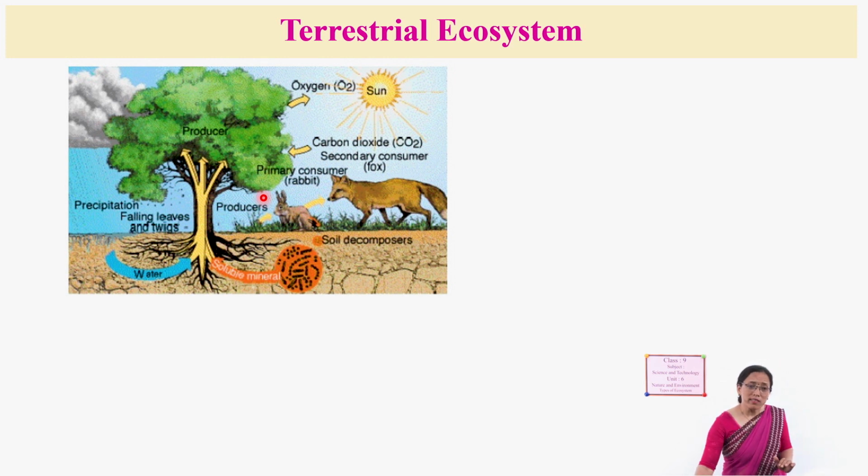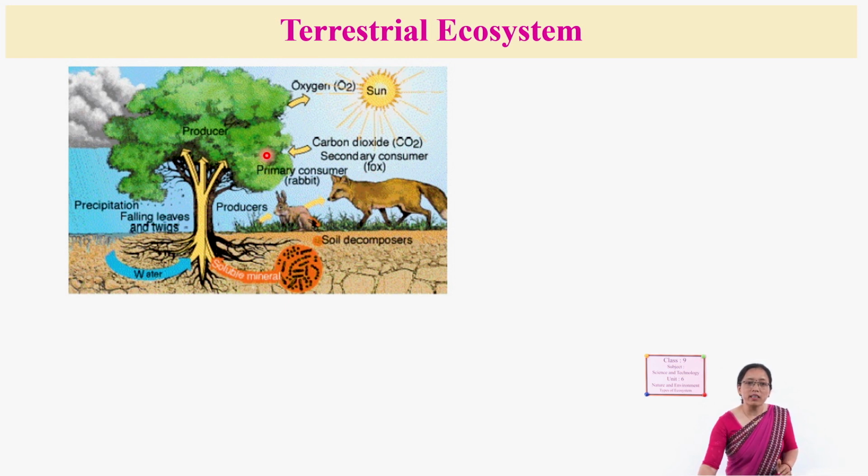So there is an interaction among these physical factors and biological factors. This interrelationship between these different kinds of biological factors and abiological factors or the physical factors is called an ecosystem.